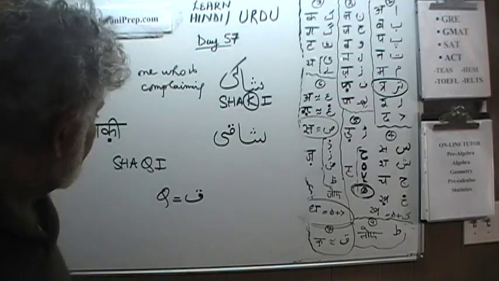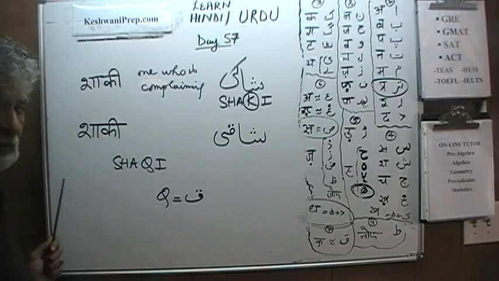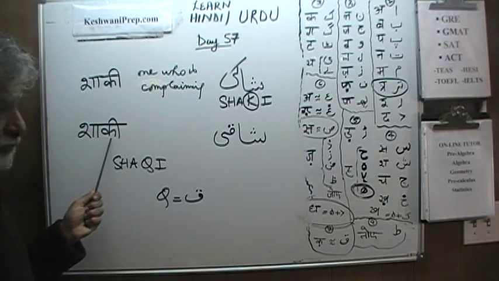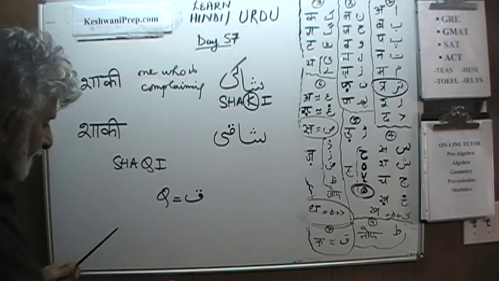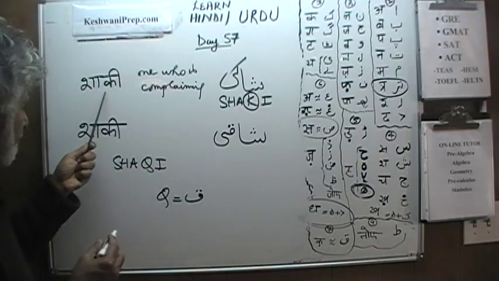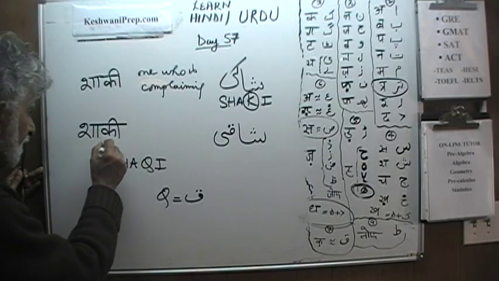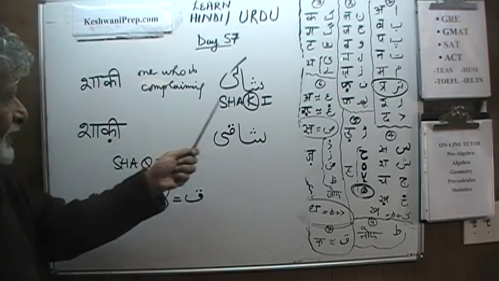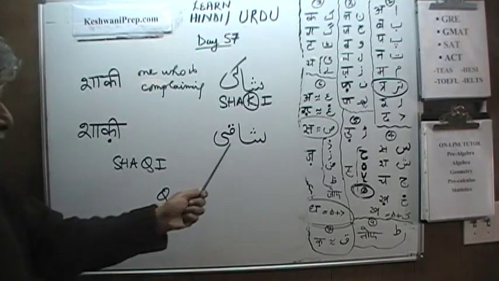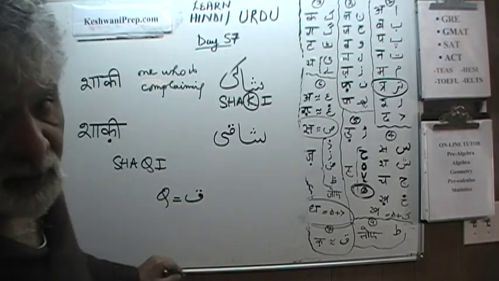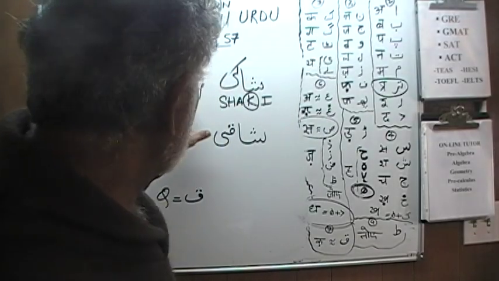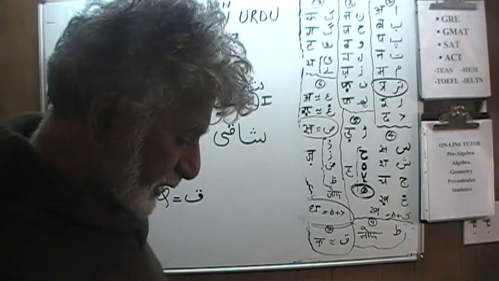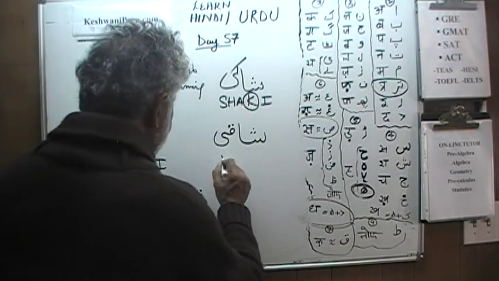But in Hindi, it's just a matter of a dot. Because dot is all you can use here to distinguish a K and a Q. You replace the K, you write a shaki and you put a dot underneath, and all of a sudden you have replaced the K with a Q, and now you have shaki. Do you know what a shaki is? Shaki with a K, we just learned, is somebody who complains. Shaki with a Q is a bartender.